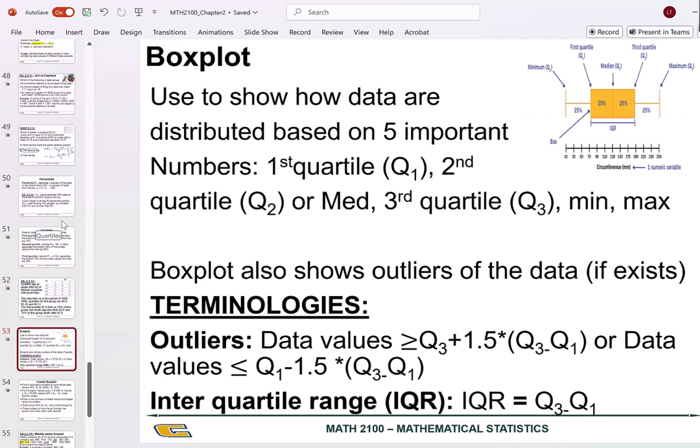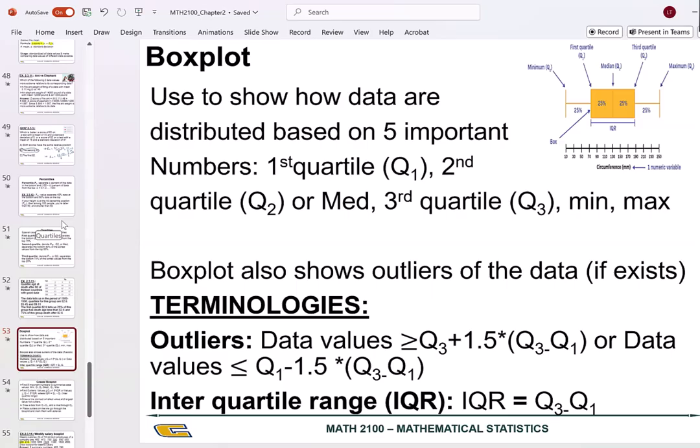One very powerful plot we also use is a box plot. It is used to show how data are distributed based on 5 important numbers: the 3 quartiles, the first, second, and third quartile, and the min and the max. Box plots also help to show the outliers of the data.